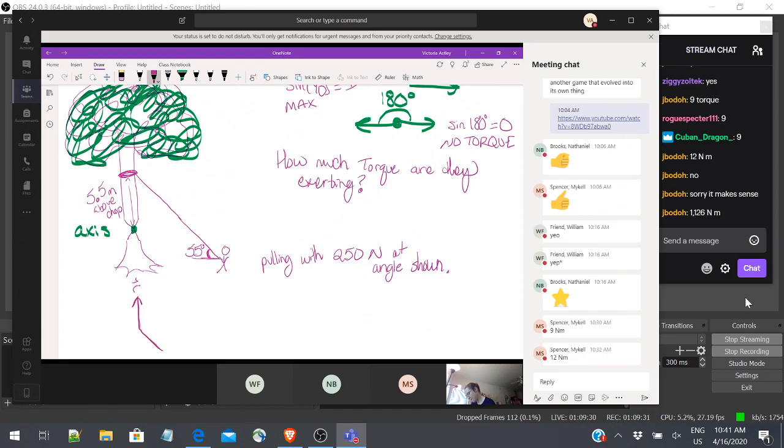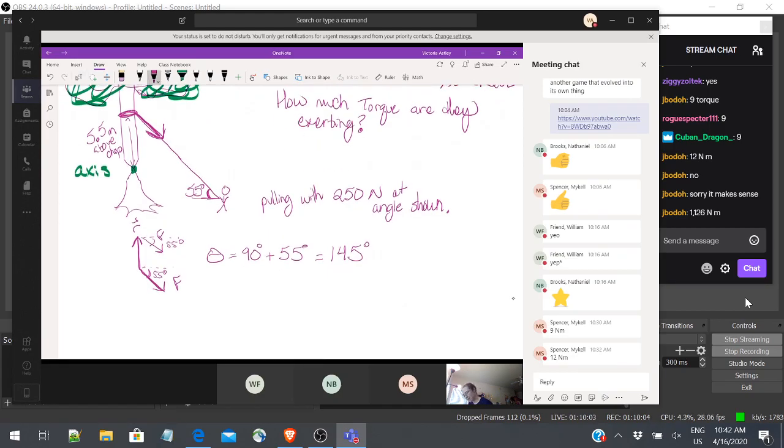Our F is like this, right? Okay, this angle is 55. So theta is 90 plus 55, which is 145.